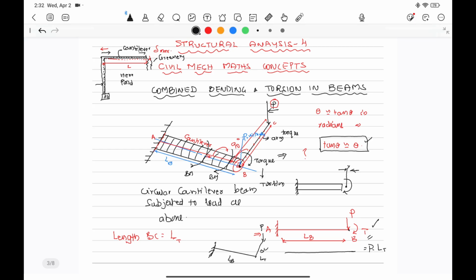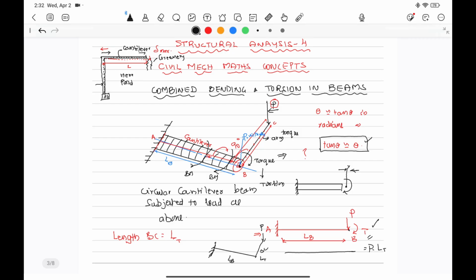This is an example which I have given you. From this example, we'll be moving forward to define bending, torsion, pure bending, pure shear, the principal stresses, and the normal stresses, bending stresses, and shearing stresses in a beam.